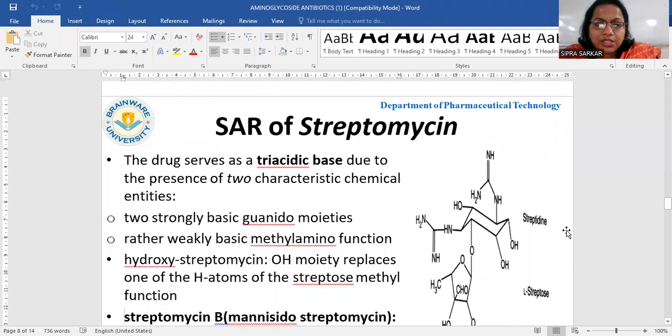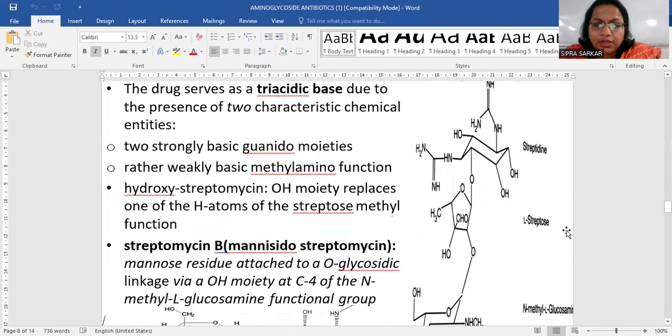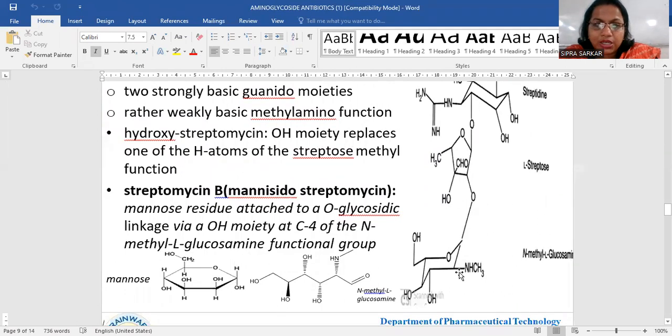Now coming to the SAR, the detailed SAR. The drug serves as a triacidic base due to the presence of two characteristic chemical entities. See here, two characteristic entities: the amino sugar, and the two strongly basic guanidinium moieties, and a rather weakly basic methylamino fraction. This methylamino moiety present is producing the basic property.